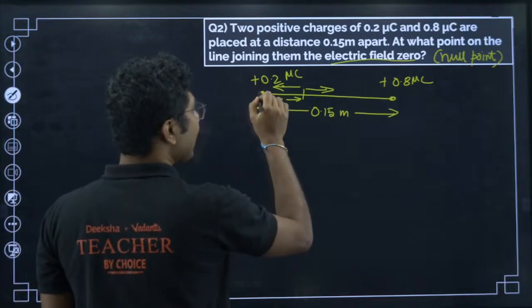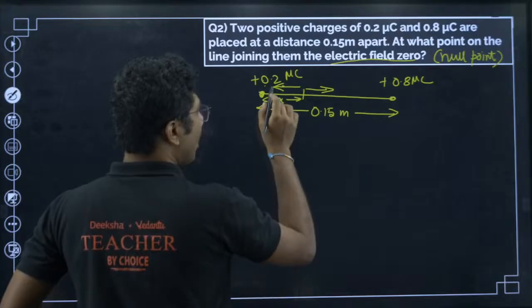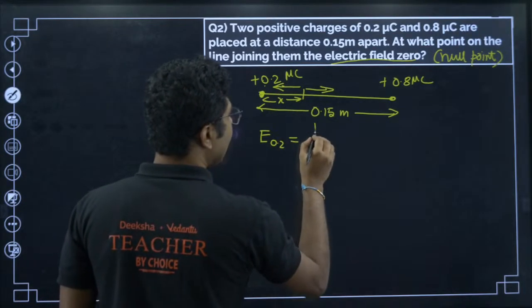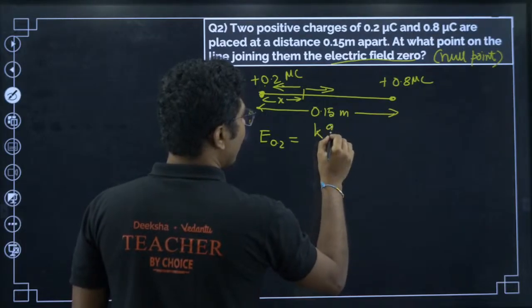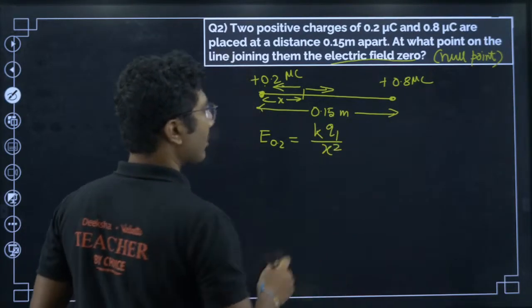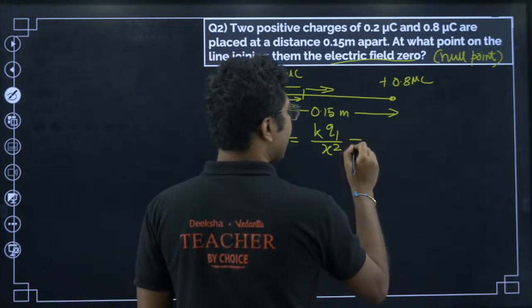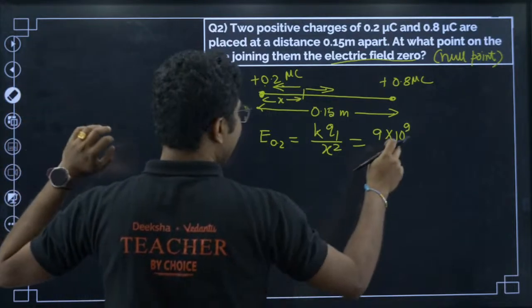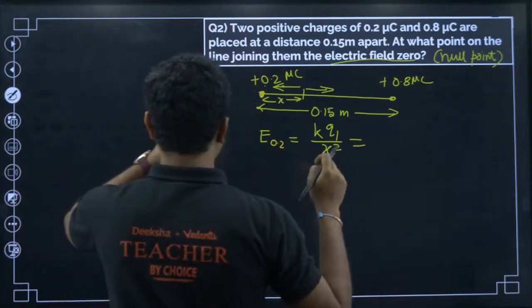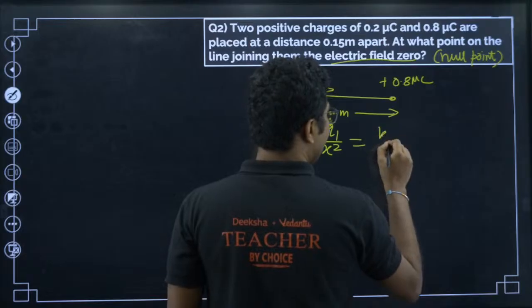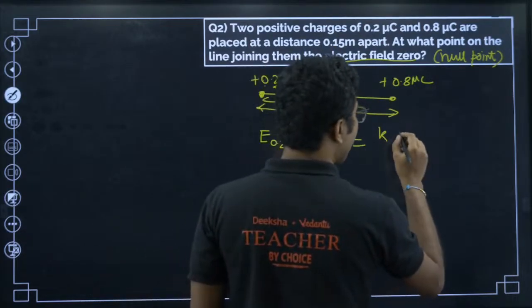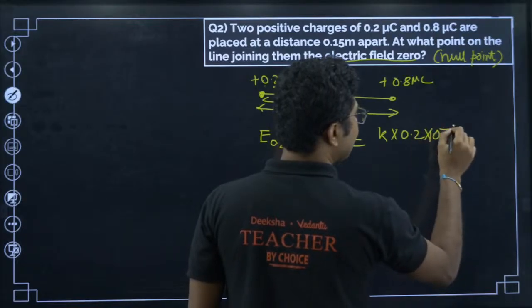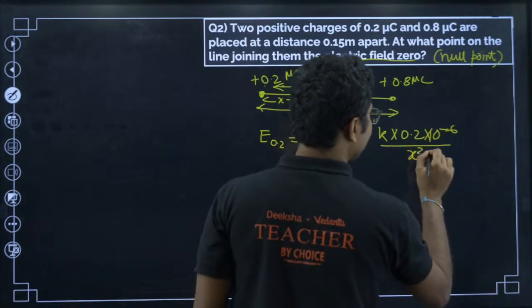So what is the electric field due to the 0.2 microcoulomb? It will be K Q1 by x square. What is K? K is 9 into 10 to the power of 9. Anyway, don't put the value of K, it will cancel. K is K. What is Q1? Q1 is 0.2 microcoulomb, that is 0.2 into 10 to the power of minus 6 divided by x square.